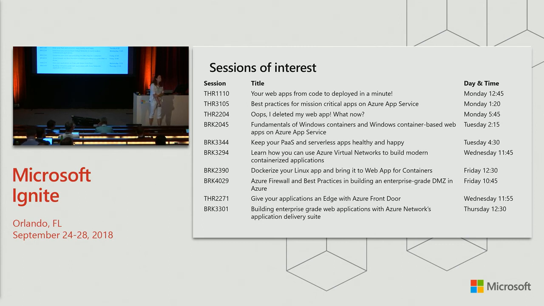So for Docker content and app service, whether or not we can run our own. Right, so this is for basically running your own Docker containers, not just using the blessed images.